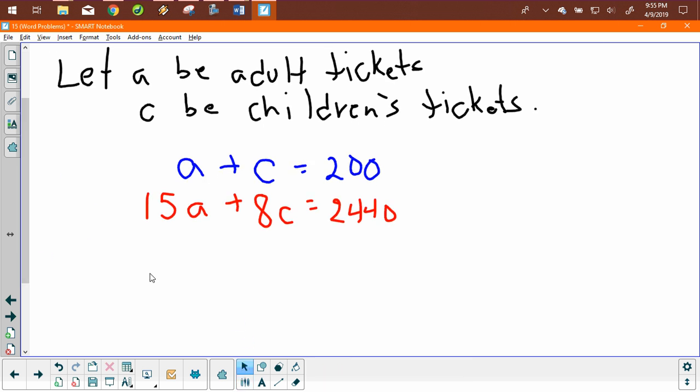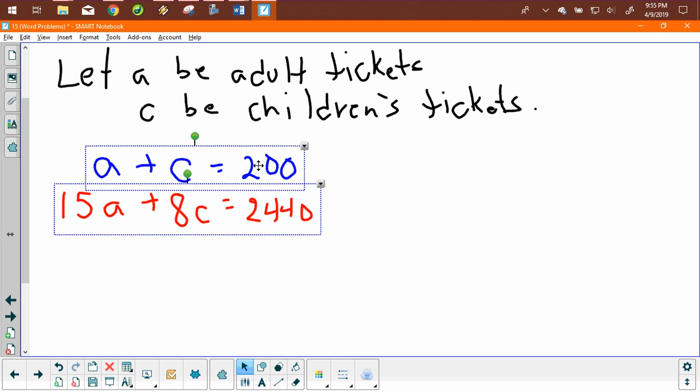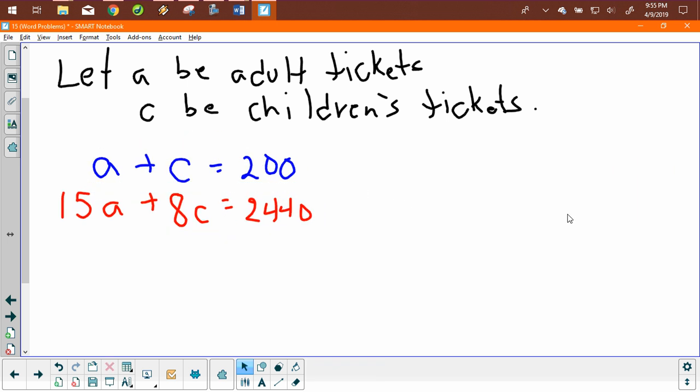So this one is a good one for elimination, because I've got the rows set up the way I like it. Substitution works as well, but let's practice elimination here. The only thing is they don't quite match, so I need to multiply one of my equations by something to make a match. What if we wanted to eliminate C?